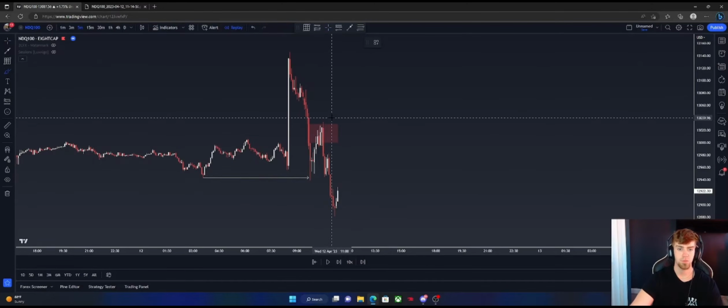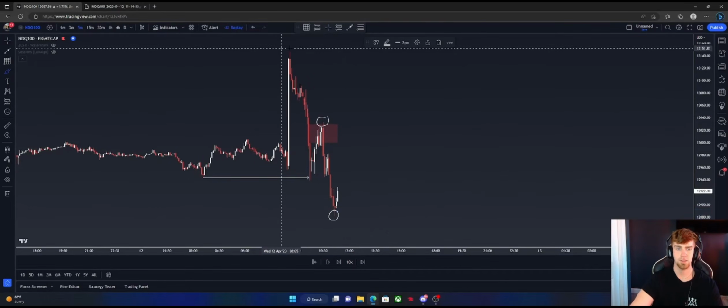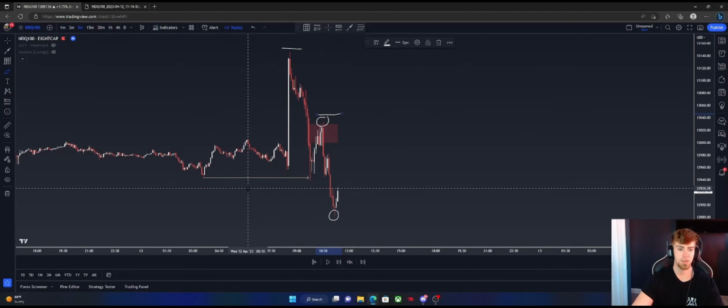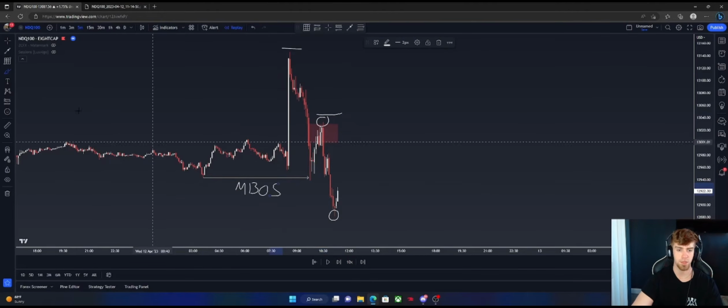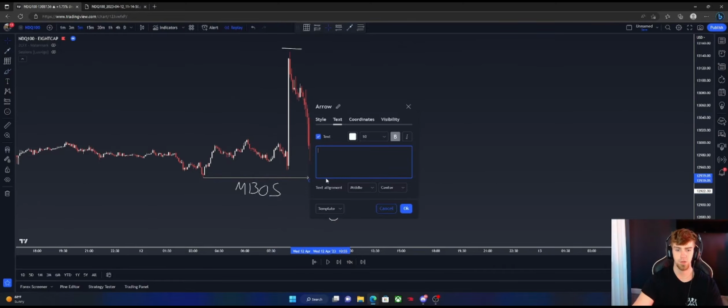So where's our major high? Right here. Where's our major low? Right here. Because this high failed to break this high, so now it is the last lower high, swing high, major high within this bearish leg down. And this is also the major break of structure right here. But now what we also have is this second major break of structure sitting right here. So mark this up MBOS.